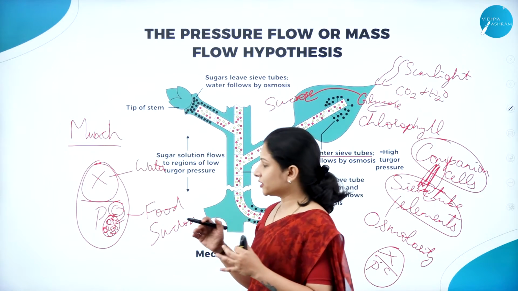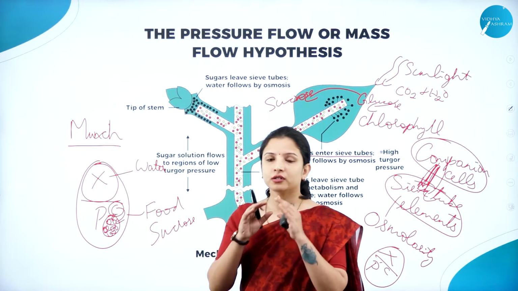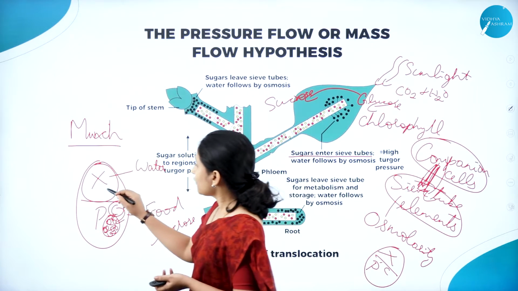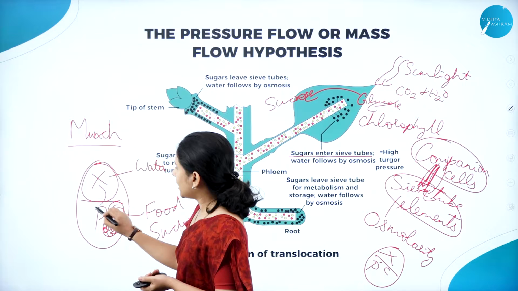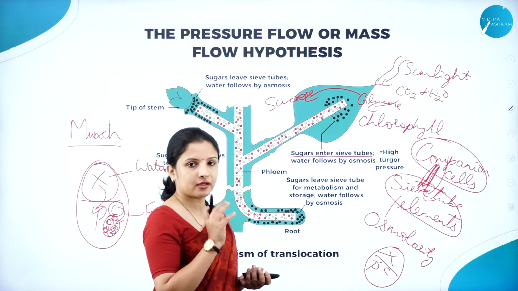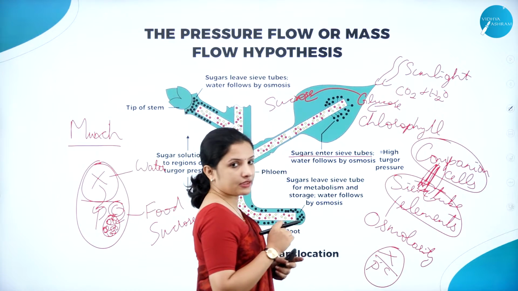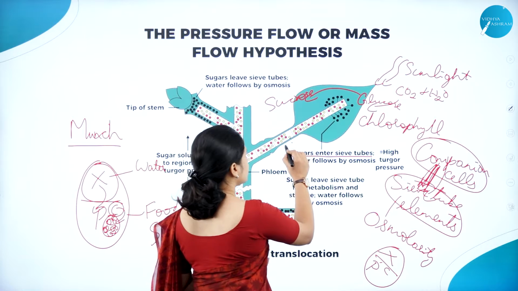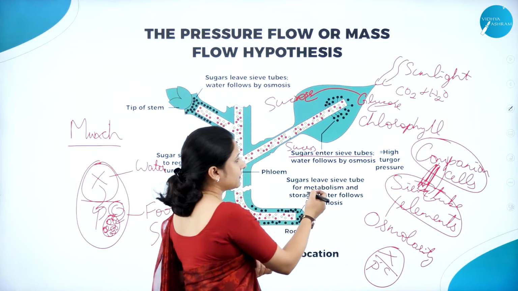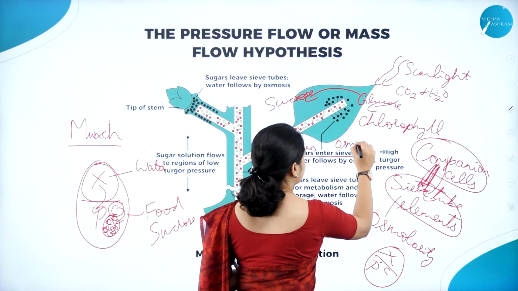When a pressure gradient is created on the surrounding cells of the phloem, that is on the xylem, whatever water is there will start to enter into the phloem. Therefore, water also starts entering into the phloem. Here, sugar, that is the sucrose, enters into the sieve tube cells, and it creates osmolarity in the sieve tube cells.